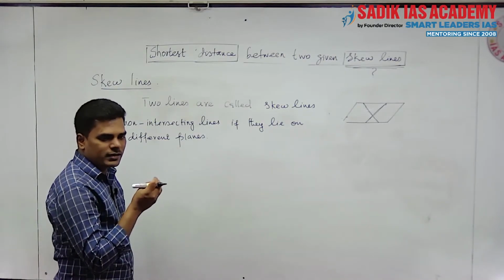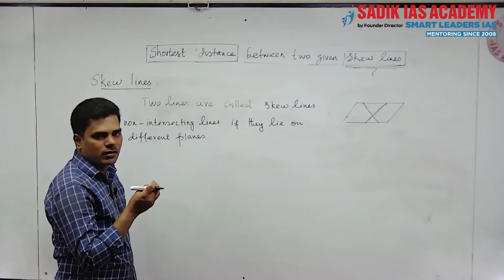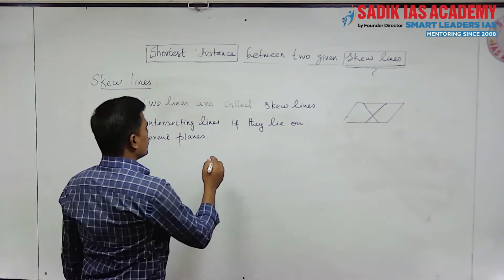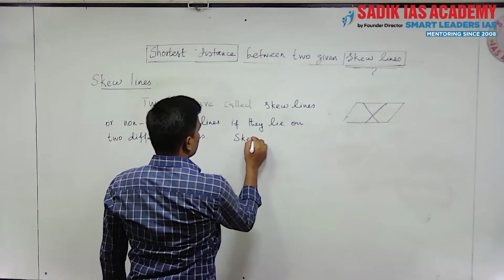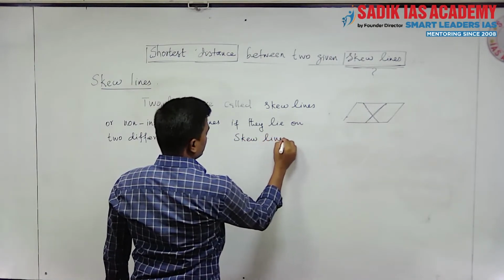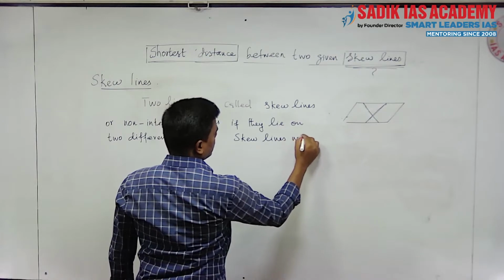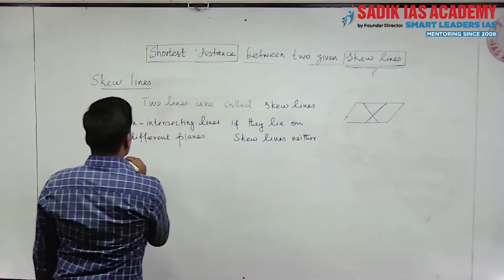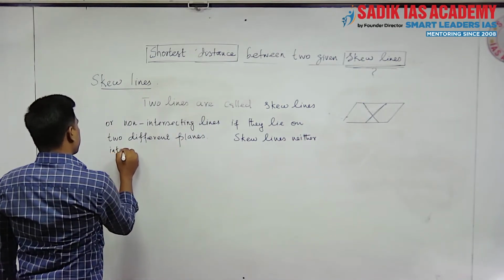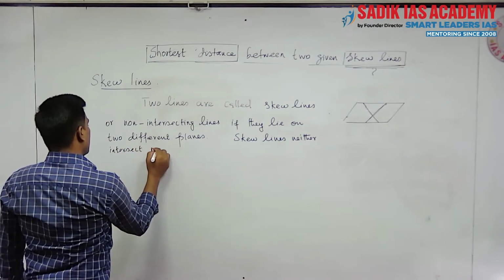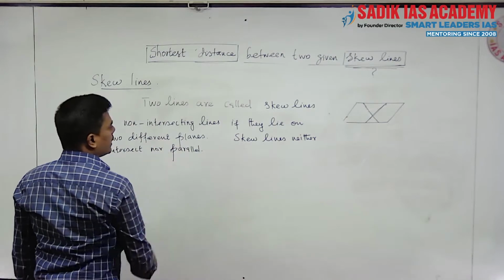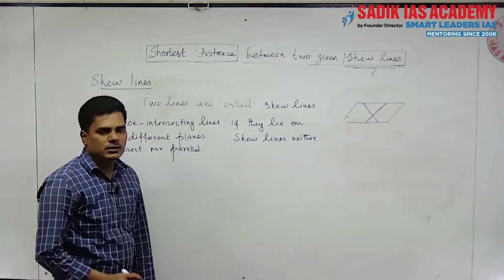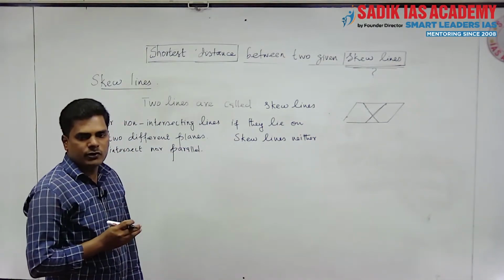They should neither intersect nor be parallel. So, skew lines neither intersect nor are parallel. Neither intersect nor parallel, that is it. This is the meaning of skew lines.